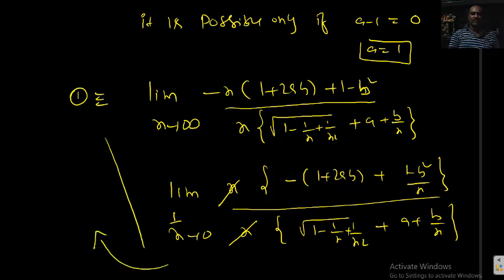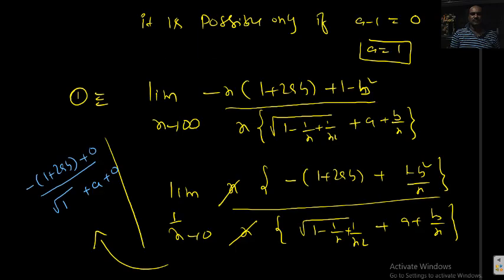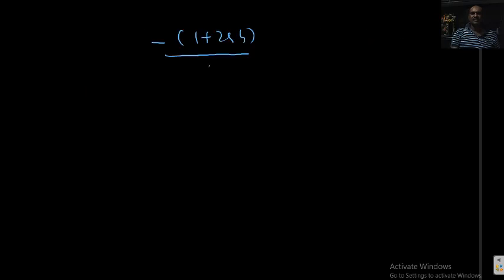So minus (1 plus 2ab) plus 0, by root over 1 minus 0 plus 0, plus a plus 0. Okay, so what I got, I will write: minus (1 plus 2ab) by (a plus 1).